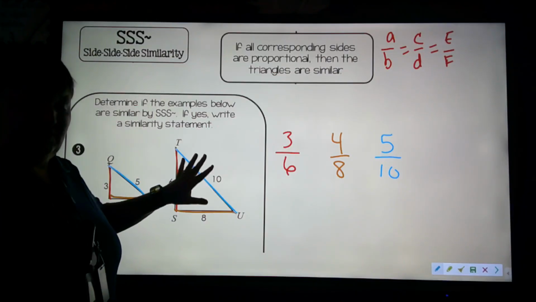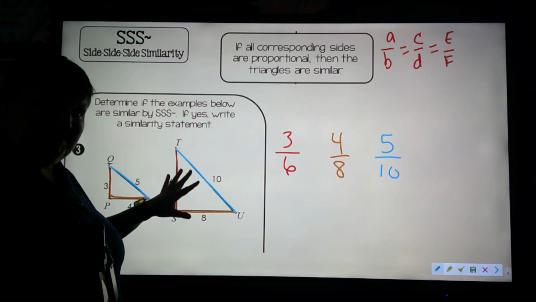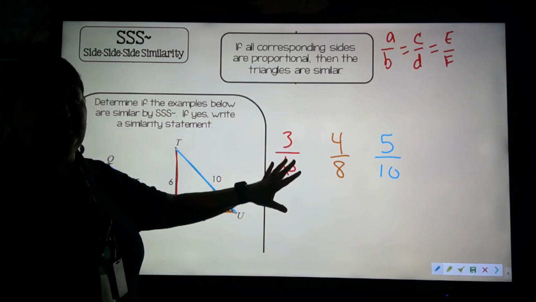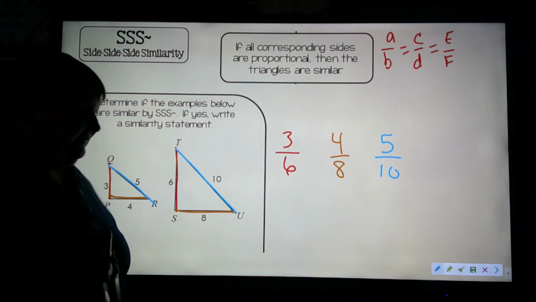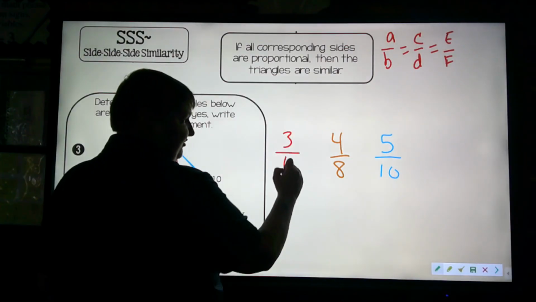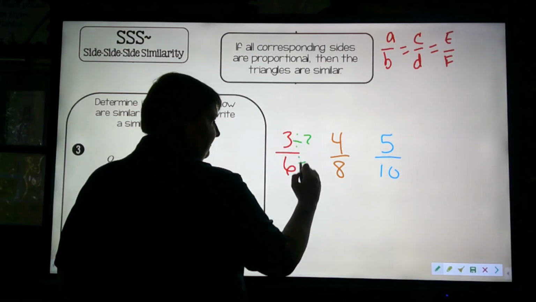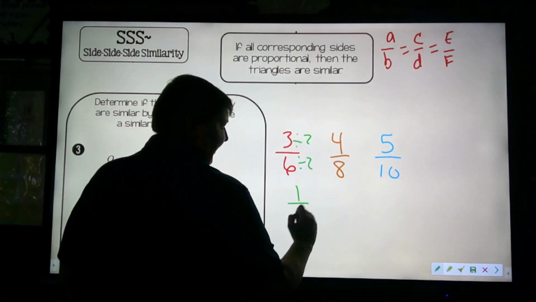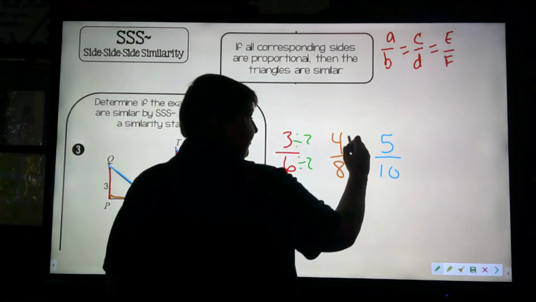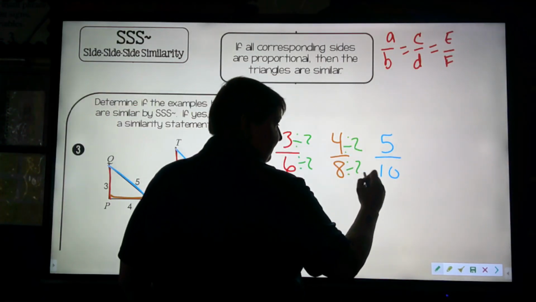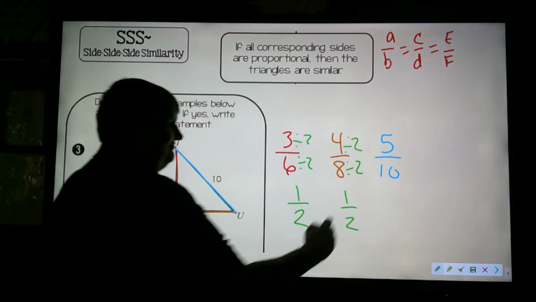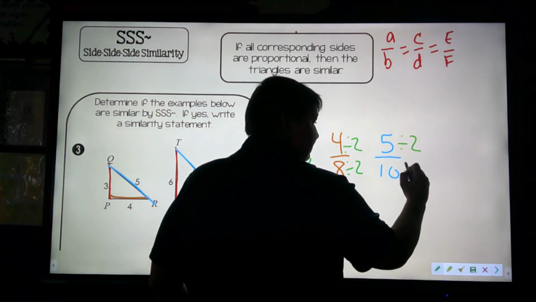We have the ratios. In order to see if they're the same, we need to simplify. This is why I keep stressing simplify. Both can be divided by 2. That leaves you with 1/2. Both can be divided by 2. That leaves you with 1/2. Both can be divided by 2.